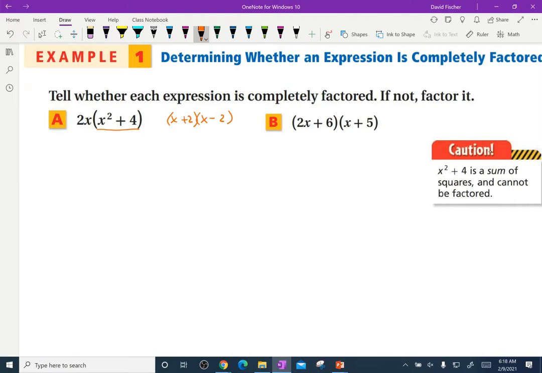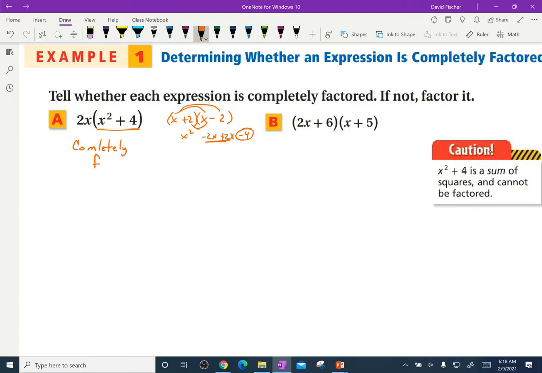If I made one of them a positive and one a negative so that they cancel out, well, then I want to get a positive 4 when I did FOIL. So again, I'm envisioning FOIL here. I have a minus 2x plus 2x and a minus 4, so my x's go away and I don't have a middle term, but I have a minus 4. So I believe this one is completely factored.